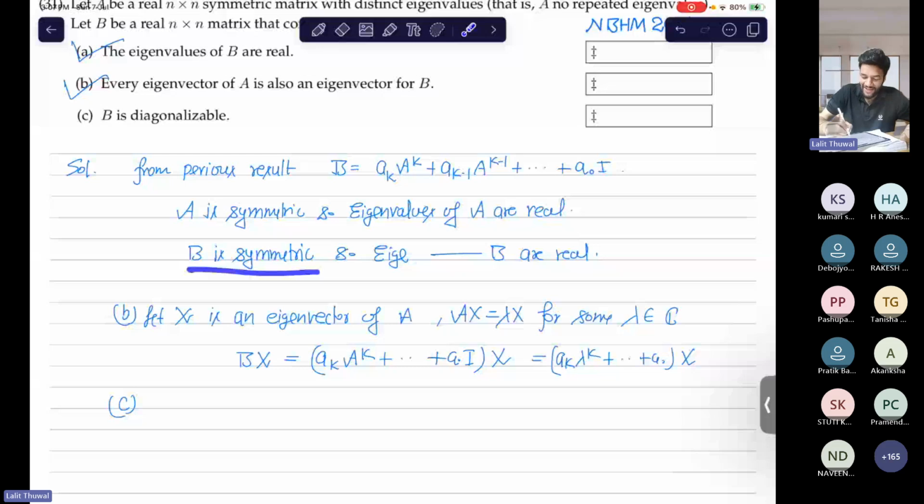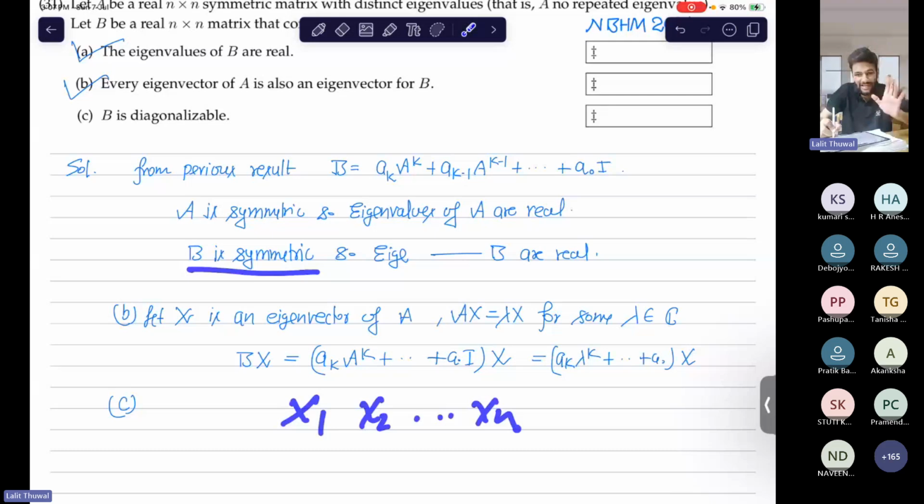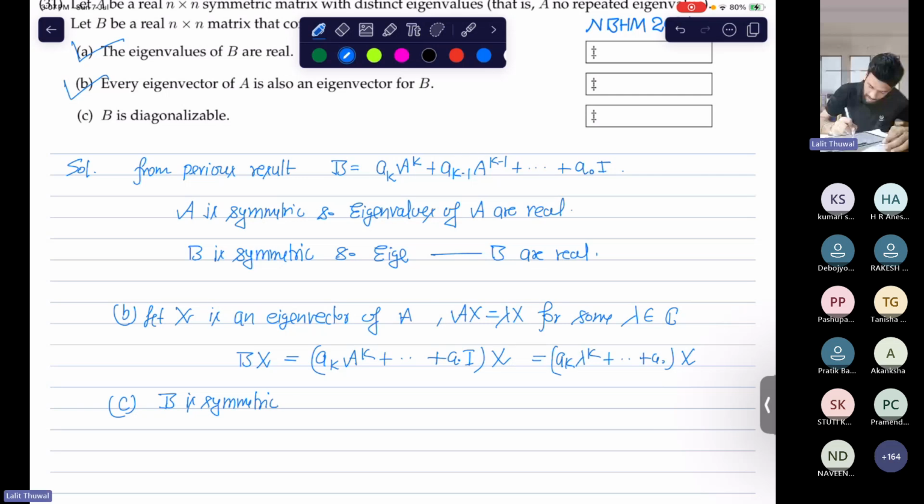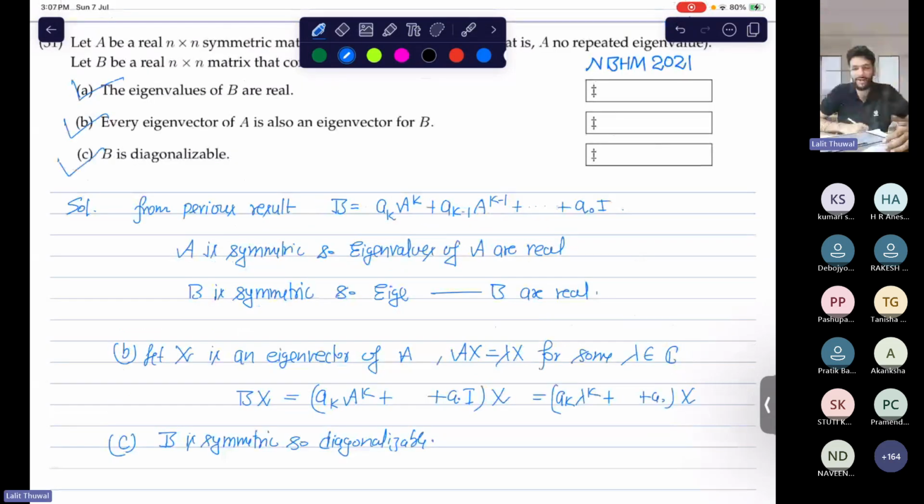Another way to see it is that if x1, x2, dot dot dot, xn are linearly independent eigenvectors of A, then they are eigenvectors of B also, which we have proved in option B. So B has n linearly independent eigenvectors, so it's diagonalizable. So all three are true.